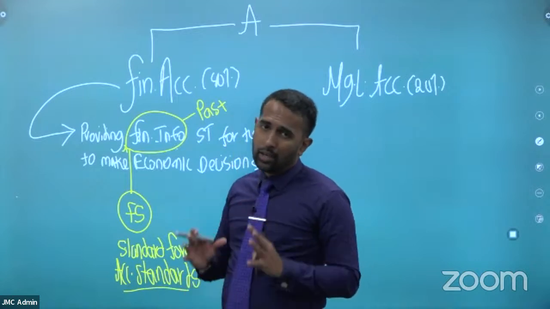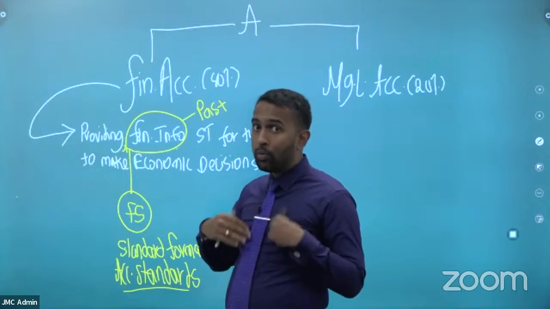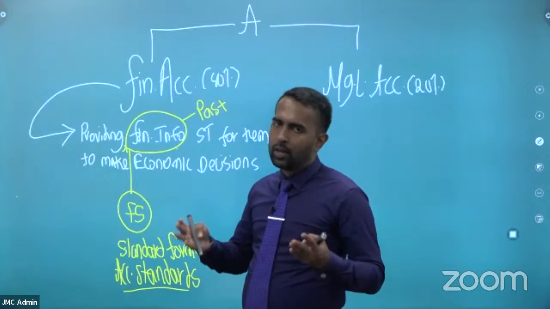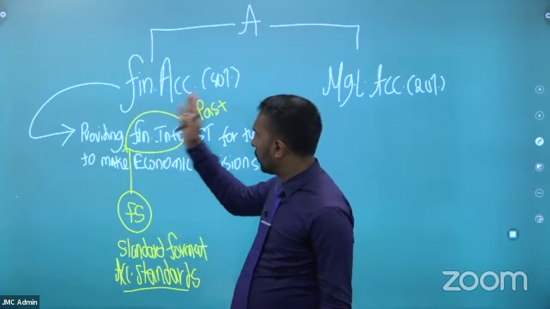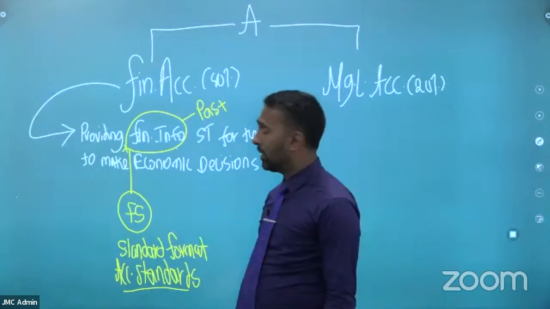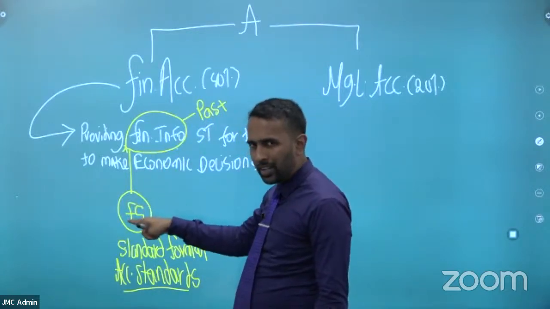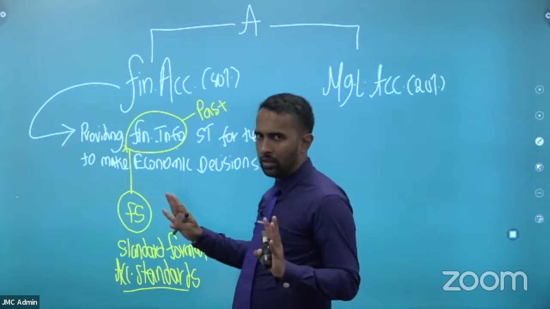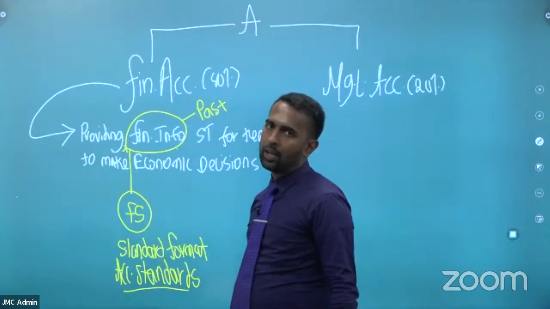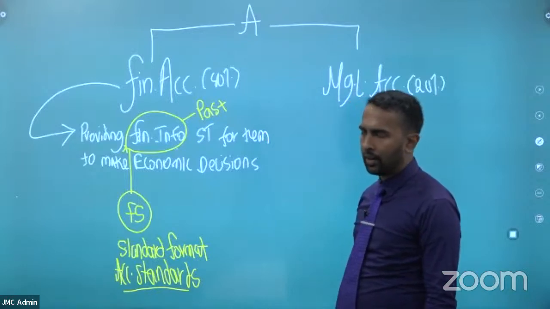So you are preparing the financial statements according to the format given in the accounting standards. Under financial accounting, you are providing the past financial information in a standard format, referring to the accounting guidelines, which is what we call the accounting standards. Okay, right.